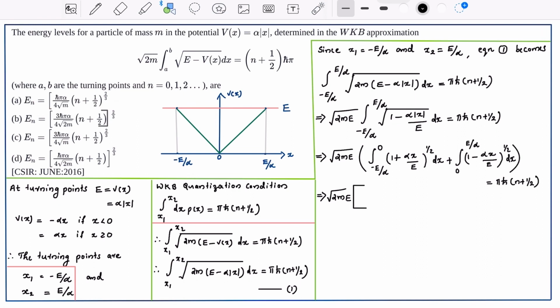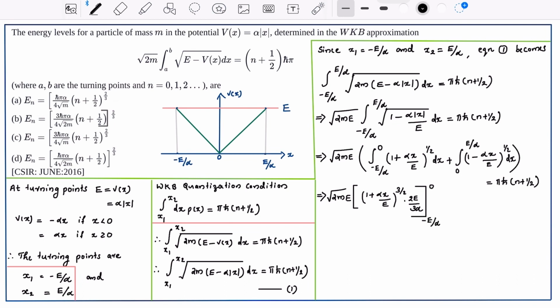The value of the first integral is 1 plus alpha x by E all raised to 3 by 2 into 2E by 3 alpha, with the limit of integration from minus E by alpha to 0.